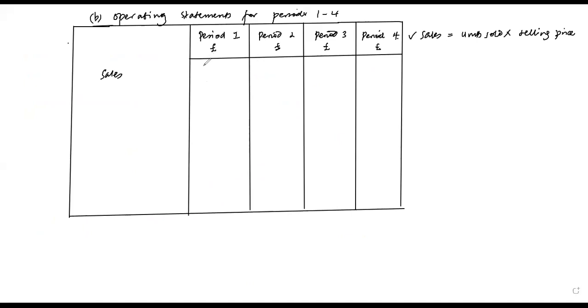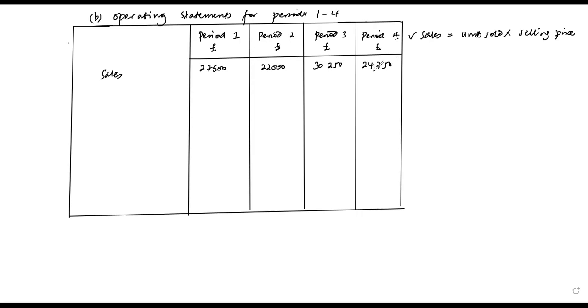So here we have 27,500. This was 22,000. Period 3, that was 30,250. Then period 4, it's 24,750.